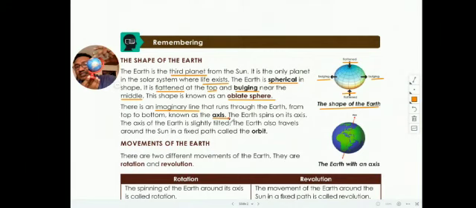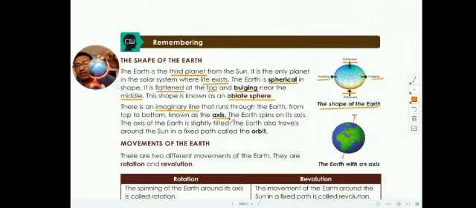The earth spins on its axis. The axis of the earth is slightly tilted. See, this is not like this. This is straight, but this is tilted.